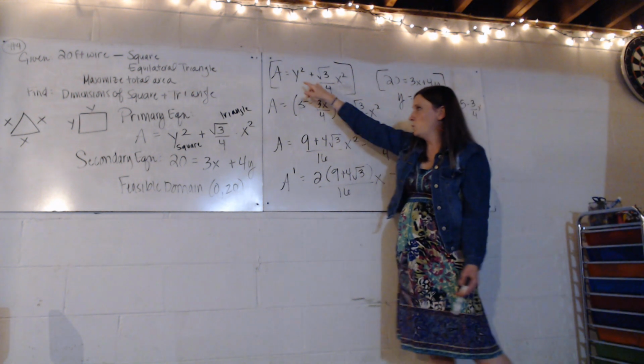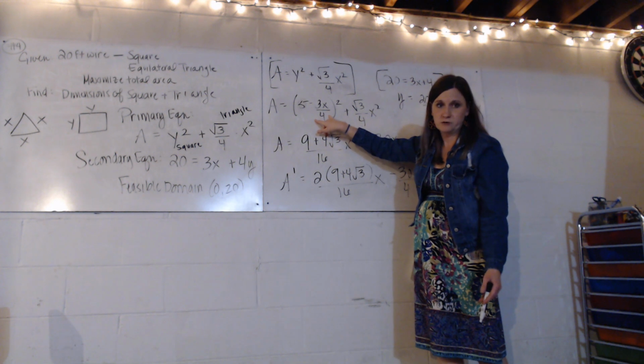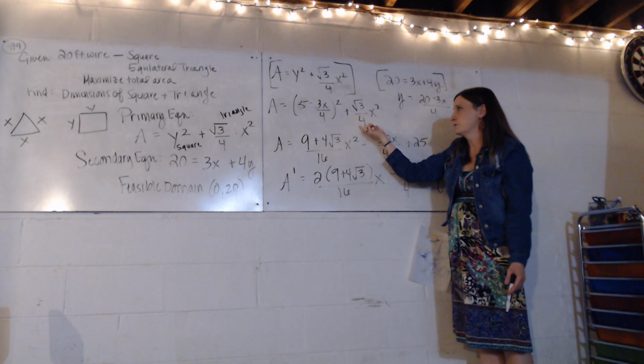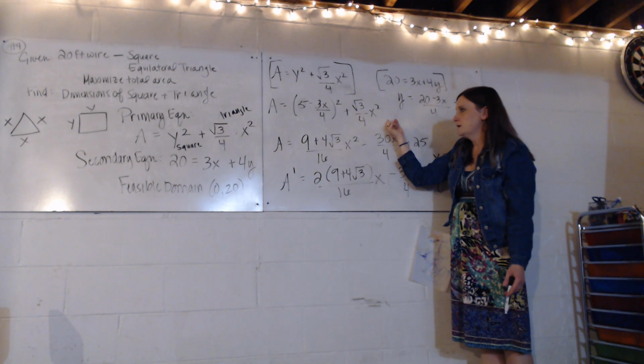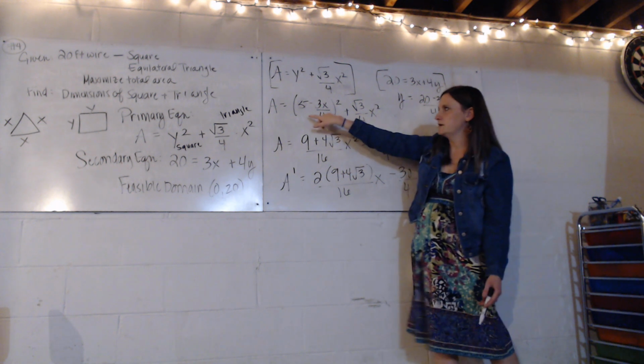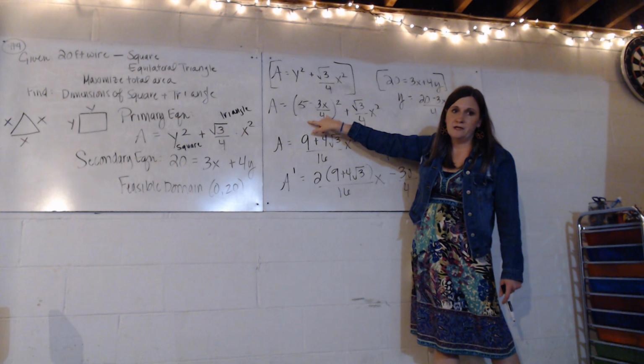So the total area is (5 minus 3/4 x) squared plus my triangle area, which is the square root of 3 over 4 times x squared. I just expanded this out and then cleaned it up, and this is what I end up with.